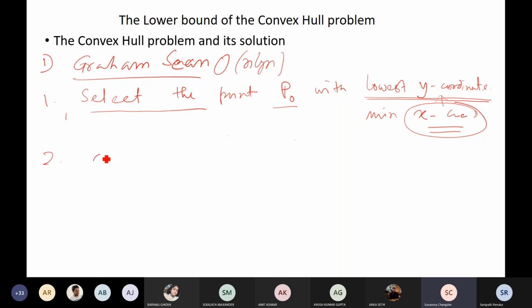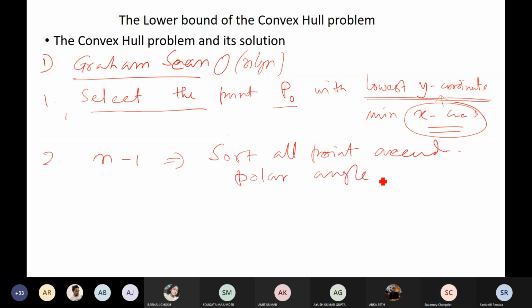Next, for the other n minus 1 points, we will sort all the points according to their polar angle. Then we will apply the algorithm to find the convex hull of this.